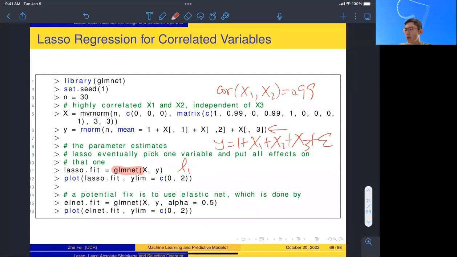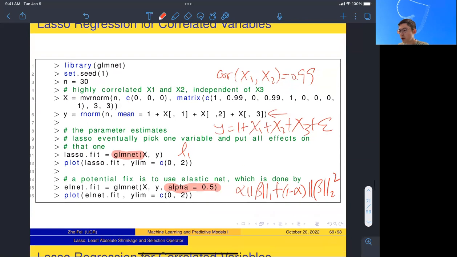And if we specify alpha equal to 0.5, that's the elastic net solution, because remember the formula we wrote earlier is alpha times the beta L1 norm plus 1 minus alpha times the beta L2 norm. So alpha equal to 0.5 means it's the combination of L1 and L2 norms.